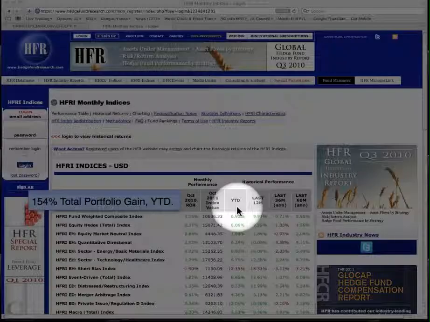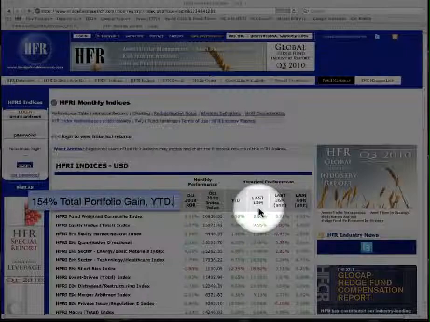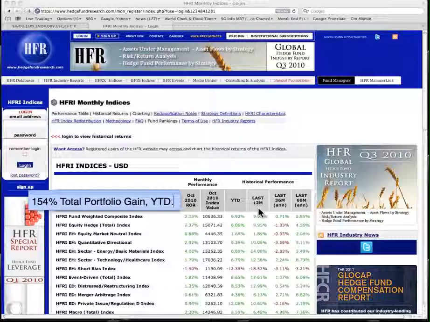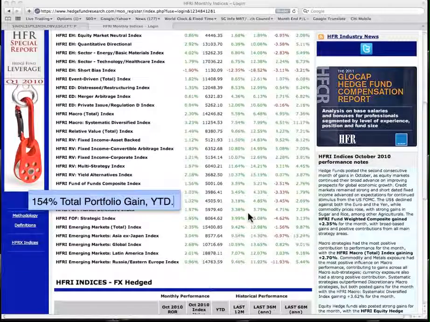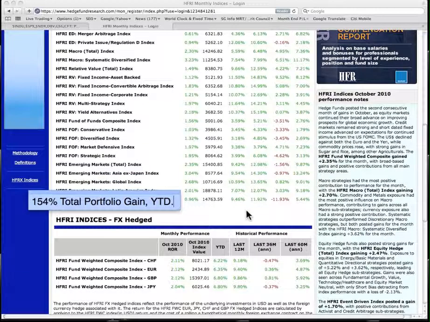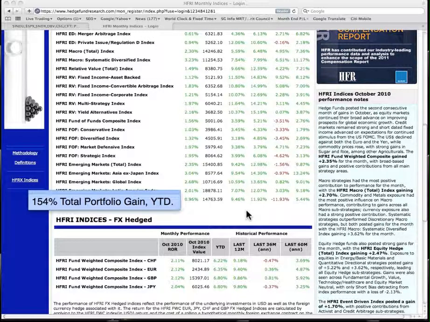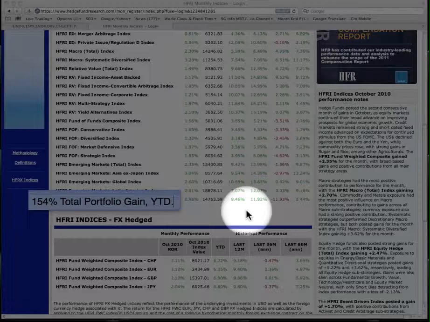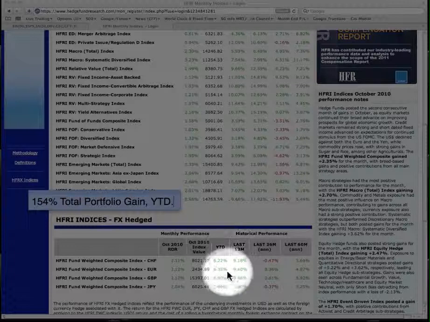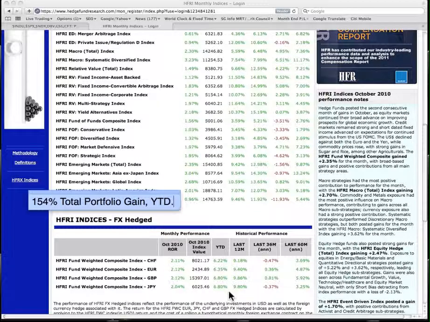So, looking at the year-to-date and last 12 months performance of these indexes, the humble retail portfolio, structured in the study room with its 154% year-to-date gain, has beaten institutional hedge funds across all the different asset classes, including hedged currency funds.